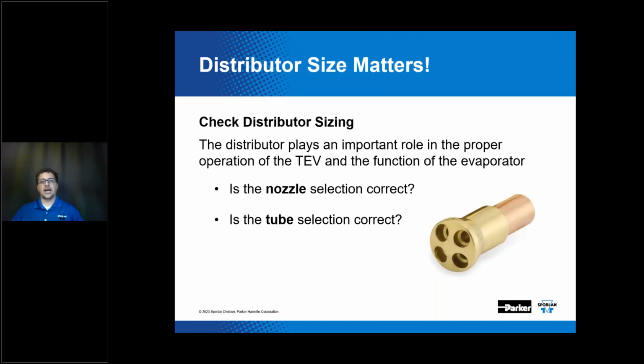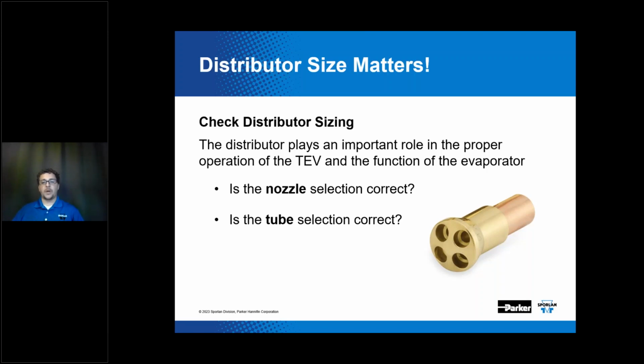Okay, so the distributor size matters. I mentioned this slightly in the previous slide, but poor distribution causes some circuits to starve and other circuits to be overfed, and the result of that is that the TEV is prone to hunting, which can cause a flood back to the compressor. So I've already mentioned earlier in the presentation that you need substantial pressure drop across the distributor, and that is why you need an externally equalized TEV anytime you have an evaporator that has a distributor on it.